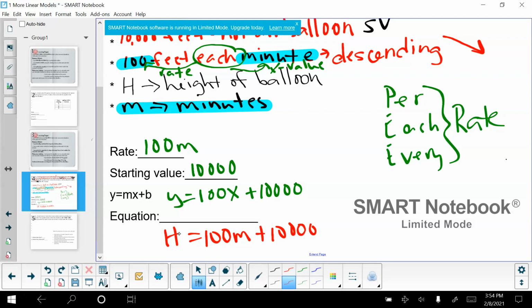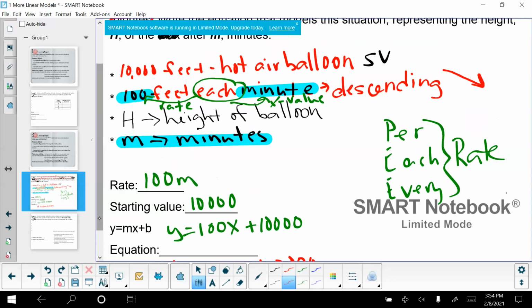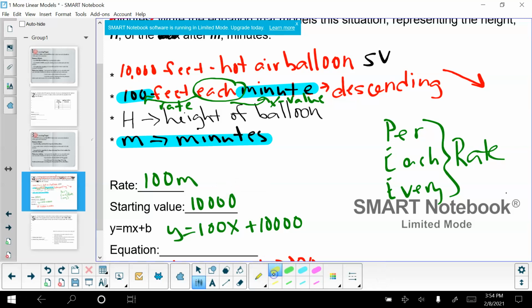Now, the glitch: if you're not really being careful when you're starting to think about writing down what your rate and your starting value is, you've got to pay attention to keywords. So I'm going to highlight something else here. This descending, that means that it's going down. So if it's going down, that means I have a negative slope, which is a negative rate.